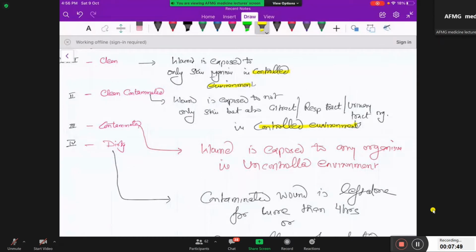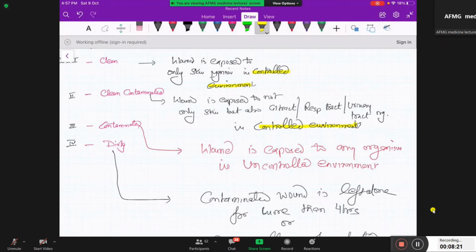So let's see. Imagine if I ask you, what type of wound are we going to have in a sebaceous cyst excision? So I have to look at two things first, environment and the organism. Environment itself is constituted by two things, outside environment and patient's own environment.